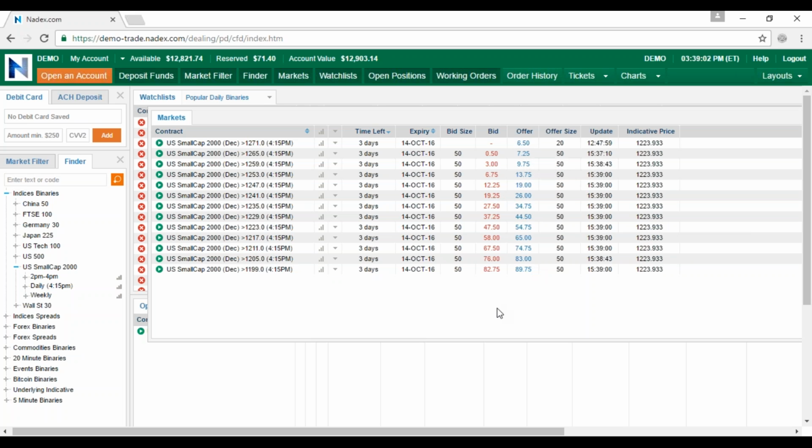And so what do you say? Well, my charts, my indicators, my strategy, my system says the market's going up. So I know that market going up means I buy a binary. So I bought this binary, and I was right. The market went up from 1223 all the way to like 1250. It was a huge move in the market, but my binary lost.